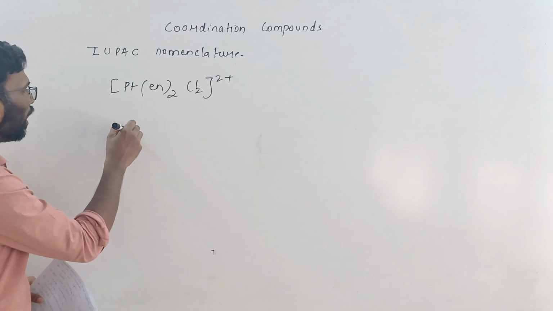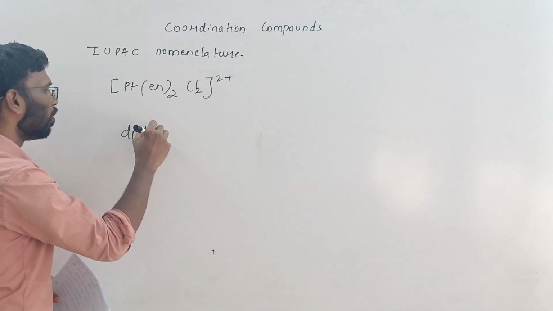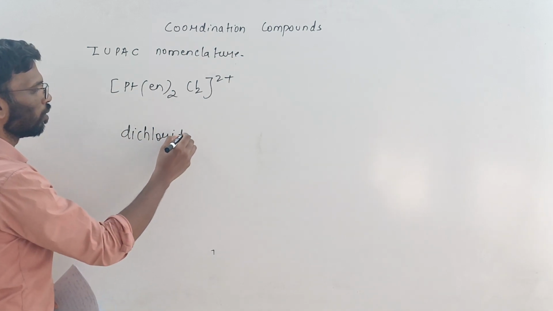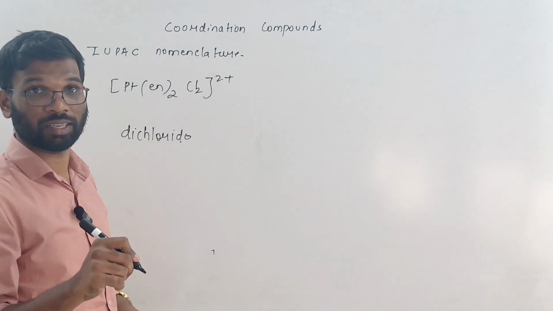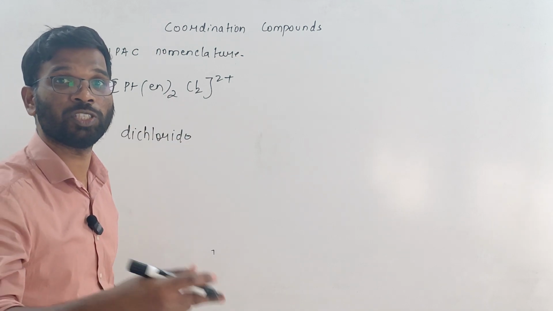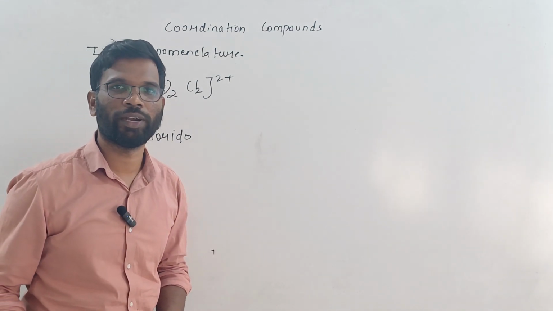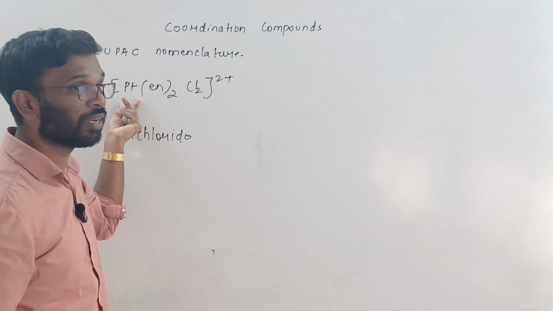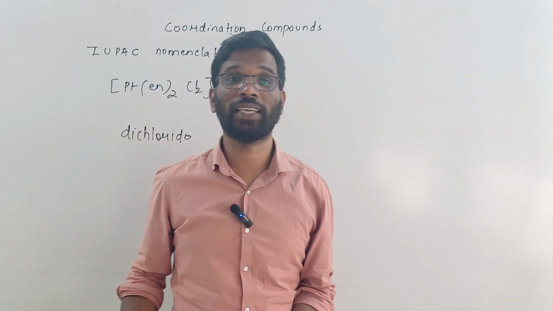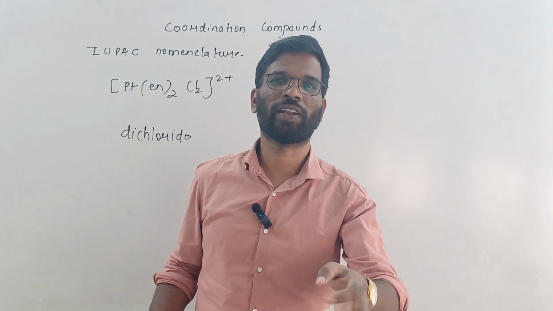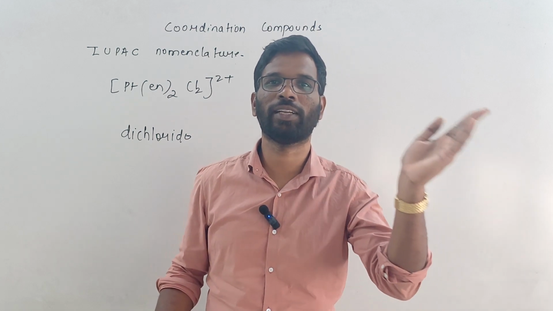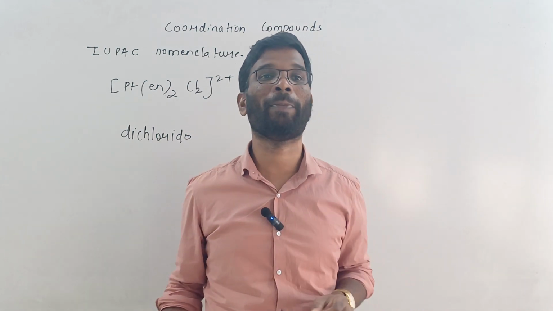So I will write dichlorido, because it is a negative ligand. Whether it is present in a positive or negative coordination sphere, I will always write chlorido. But the metal atom, whenever it is present in a positive coordination sphere, we write platinum, and when it is present in a negative coordination sphere, we write platinate.